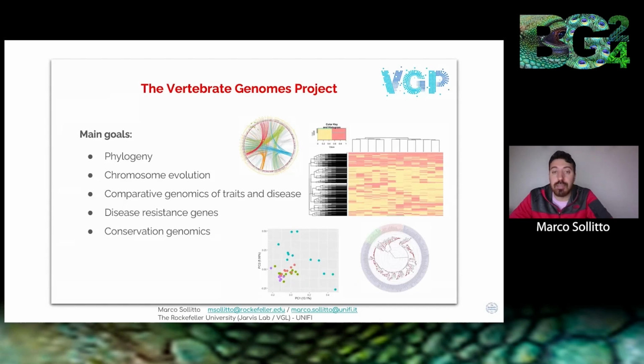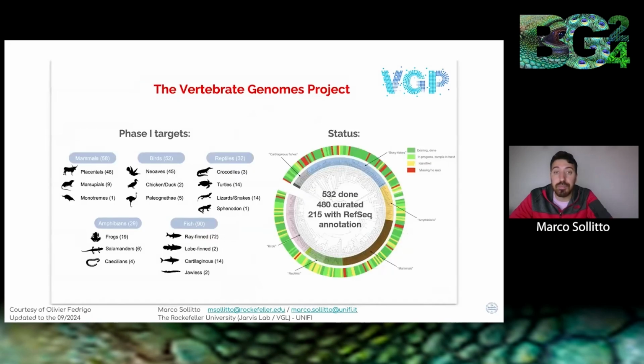Of course, this is an important step for performing downstream analysis, such as increasingly accurate phylogenetic analysis, adaptation and evolutionary studies, for example to study the evolution of chromosomes, comparative genomic analysis, and even population and conservation genomic research.